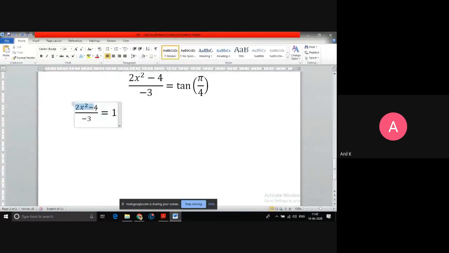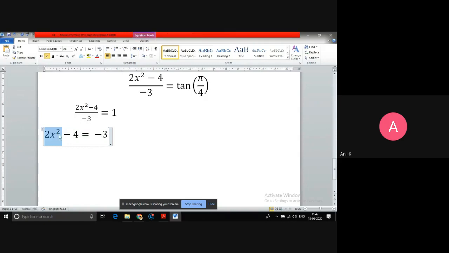So 2x square minus 4 will be equal to minus 3, which multiplied with 1 is minus 3. Further simplification, what do you get?